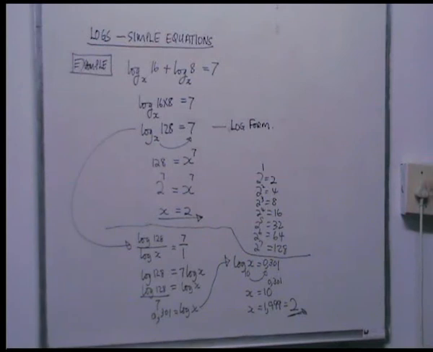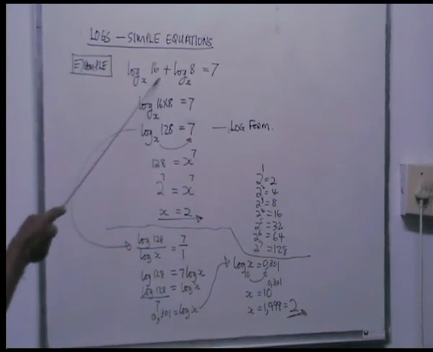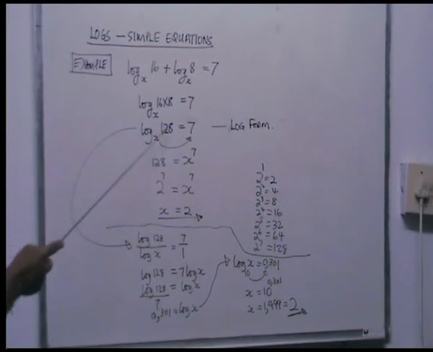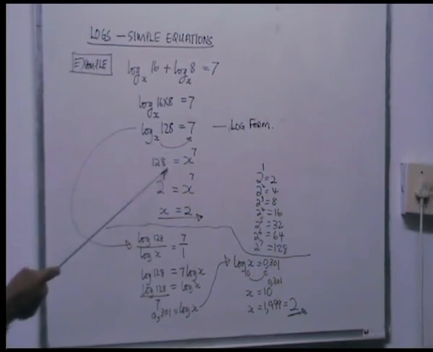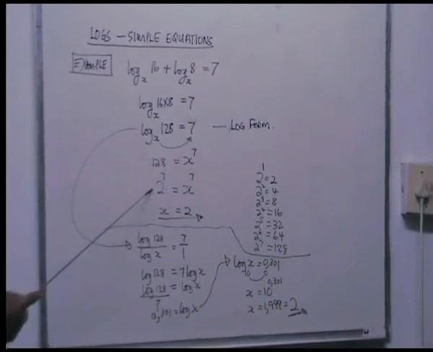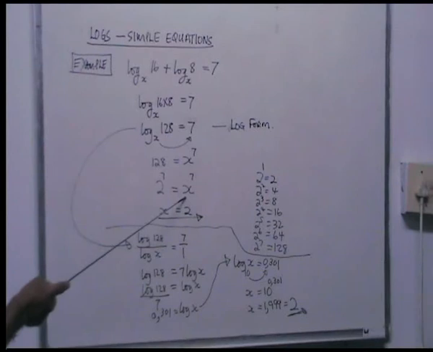But before we do the exercise, what we're saying to you is that, look, when you get a question, apply some basic law. In this case, we did the product law. Once you've got the product law, simplify, change it to index form, recall your powers, and then solve. Remember, if the indices are the same, you can make the bases equal.